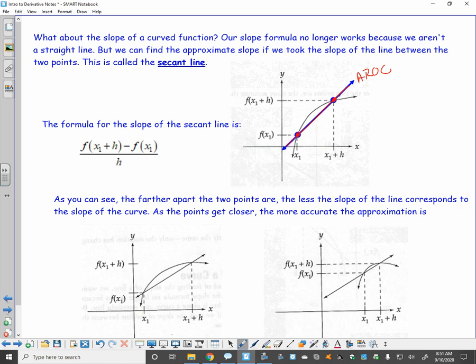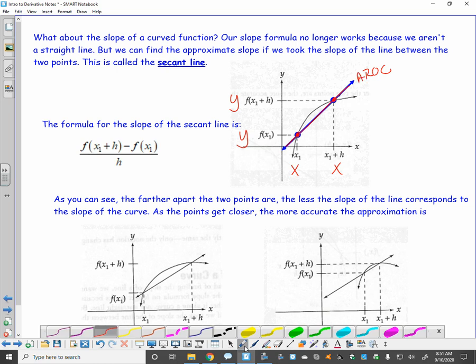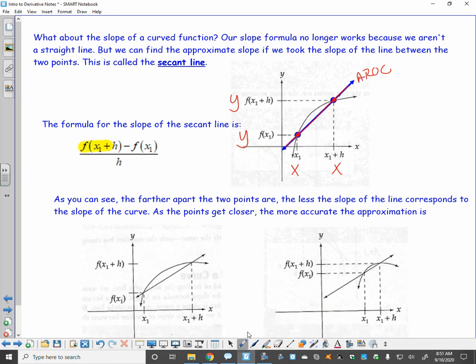But if I take that y minus y over x minus x, remember he's a y, and he's a y, and he's an x, and he's an x. So y minus y, that's him minus him, over x, well, let's do it the other way.